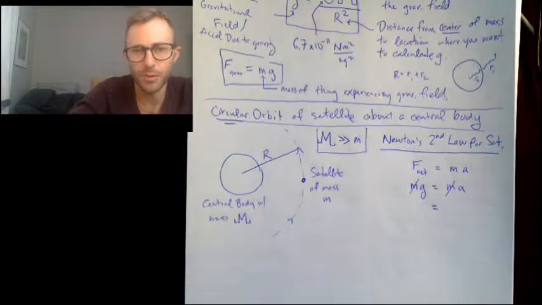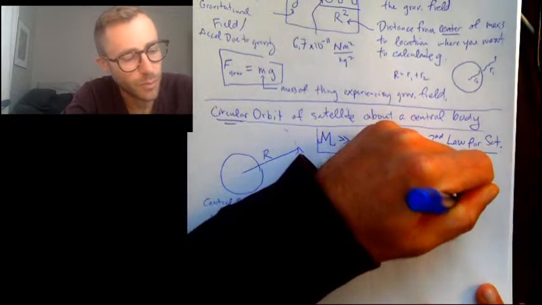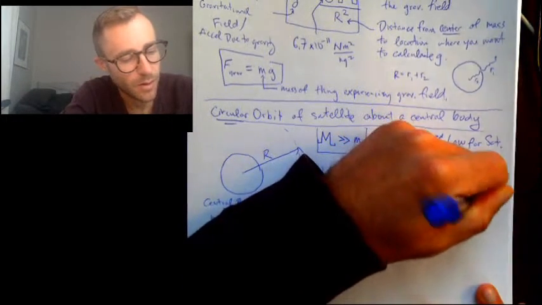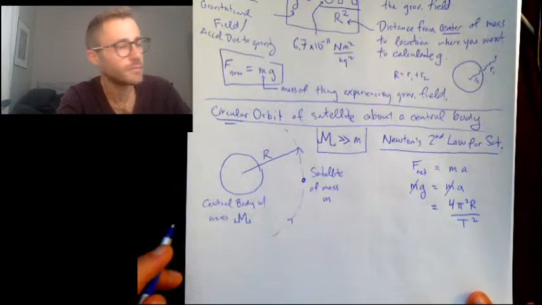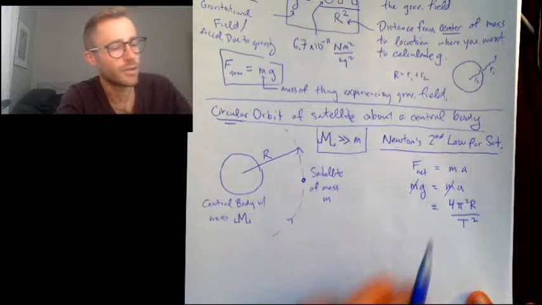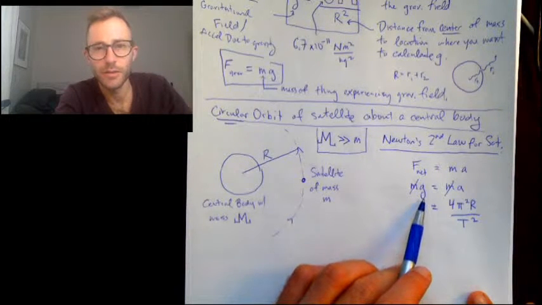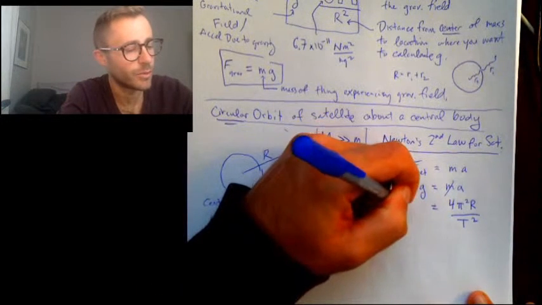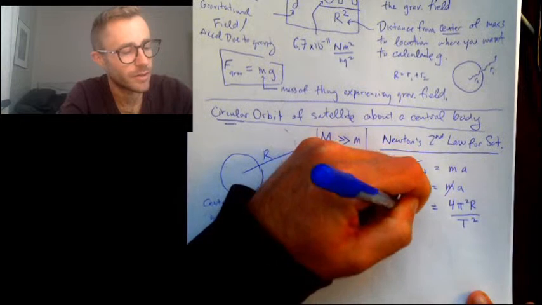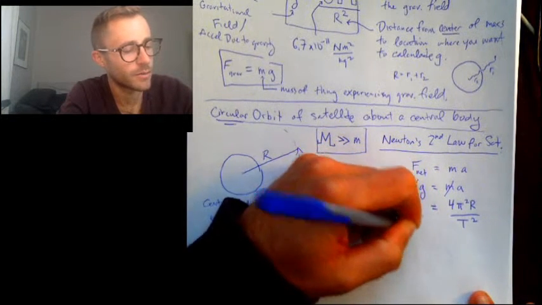Okay, we'll actually use them both, but first I'm going to use the second one, which is 4 pi squared r over period squared. Okay, and then on the right-hand side, we have the gravitational field that the central body creates, which is big G times big M over r squared.